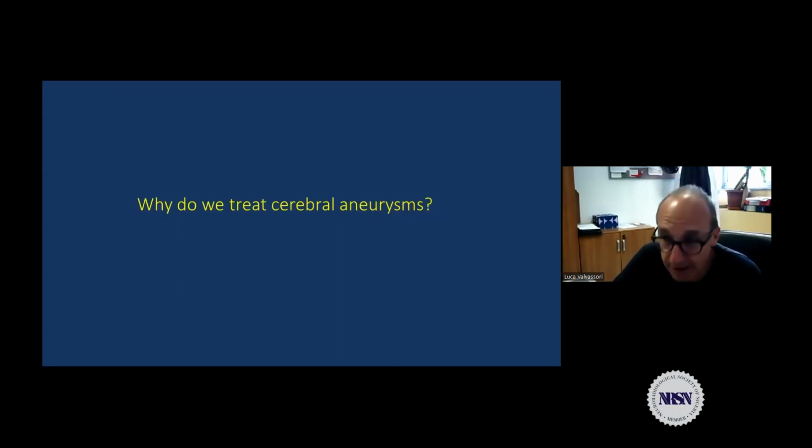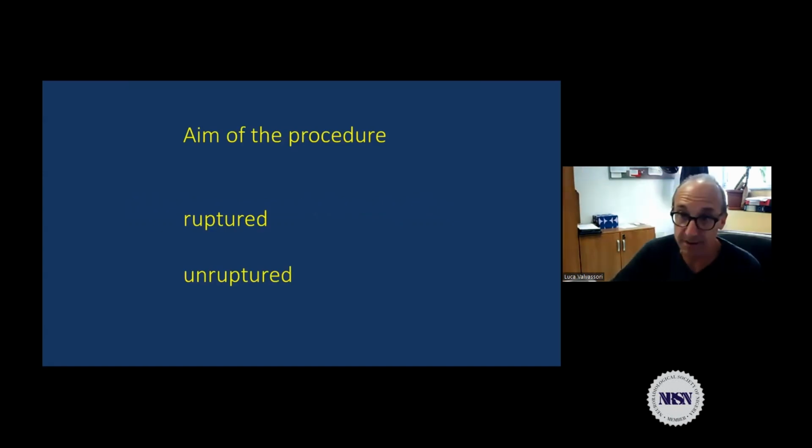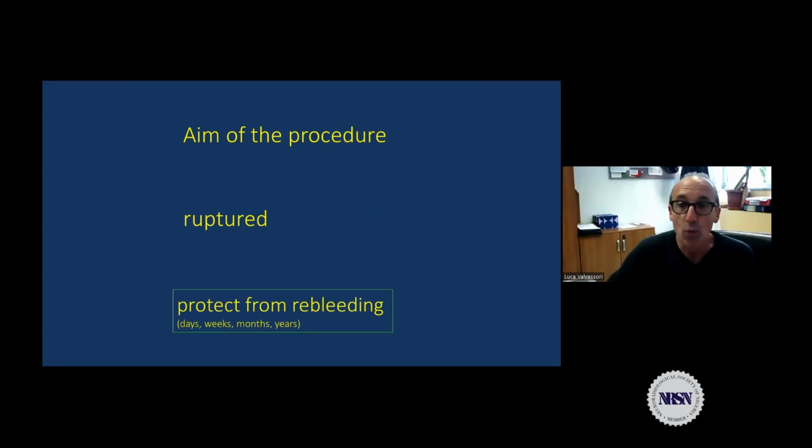Evolution has been incredible over the last years. So let's point out some principles. Why do we treat cerebral aneurysm? The aim of the procedure is different, whether we are talking about ruptured or unruptured aneurysm. For the ruptured aneurysm, we want to protect the patient from rebleeding.